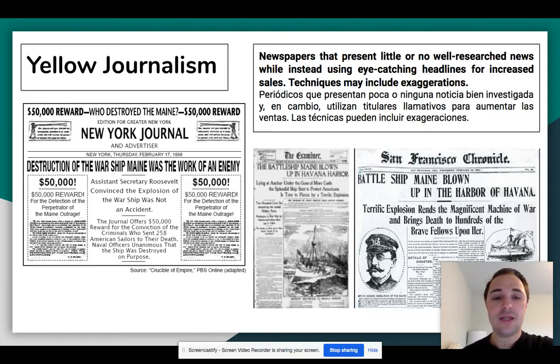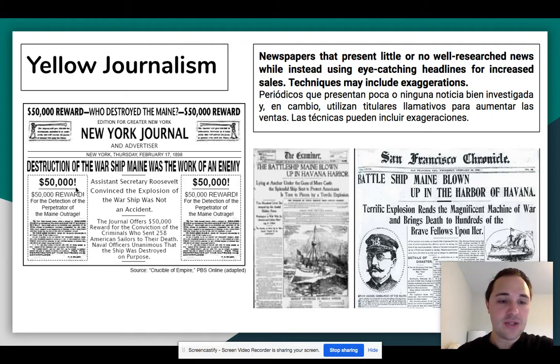Journalists did use newspapers. Now, this was their form of media. They didn't have the World Wide Web, they didn't have cell phones or computers or even telephones. What they had was newspapers, books, writings. So this was the people's form of communication and getting the news out there.